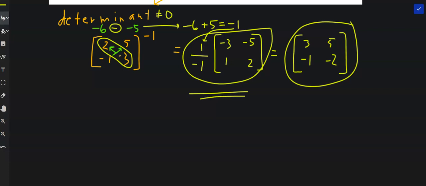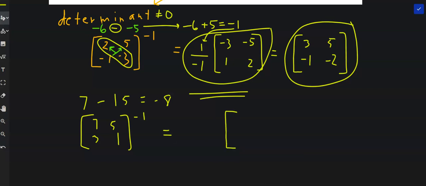instead of pushing it in. Because typically what happens is, like, you'll have 7, 5, 3, 1. Okay, you'll be finding the inverse of this. We get 7 minus 15. We get -8 as our determinant. And so then we switch the 1 and the 7. We multiply the others by -1, but they stay where they're at. And then the whole thing gets multiplied by the reciprocal of -8, which is 1 over -8.